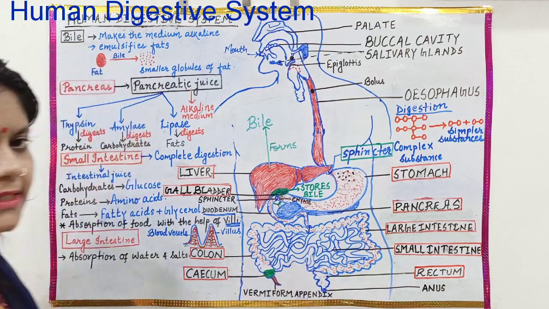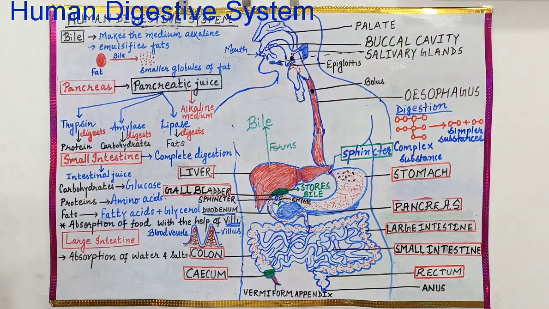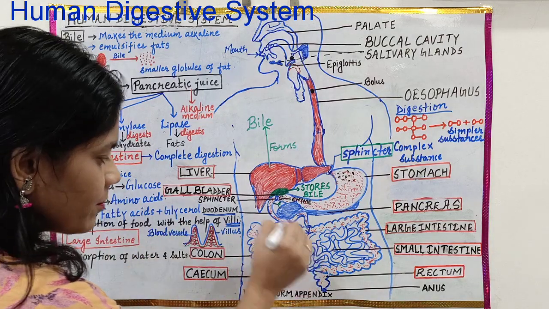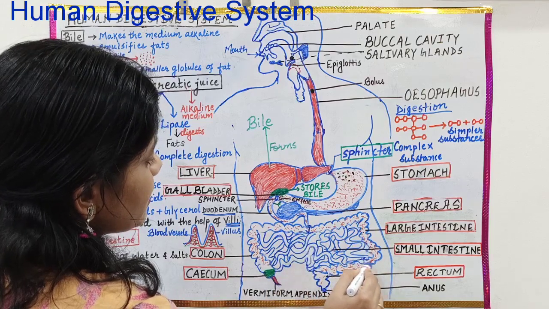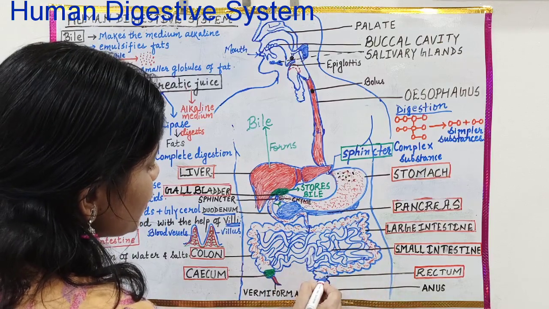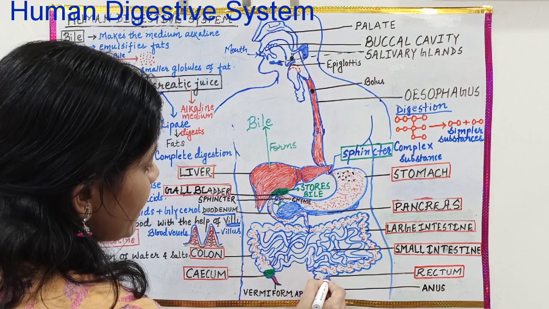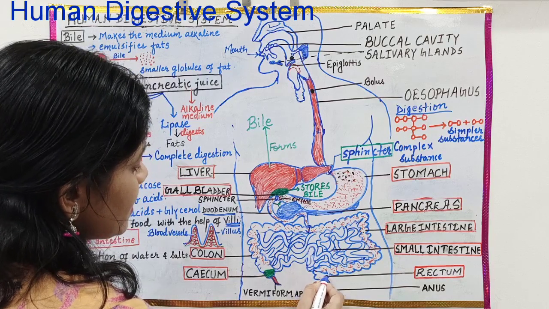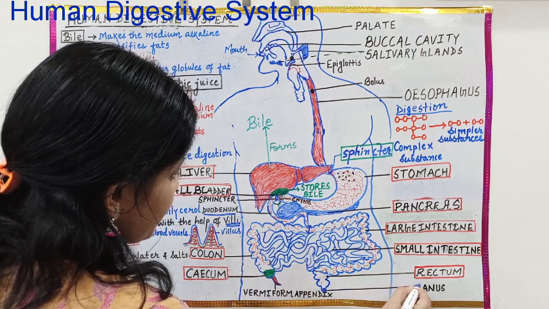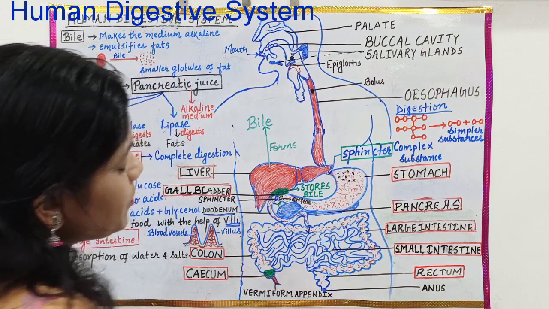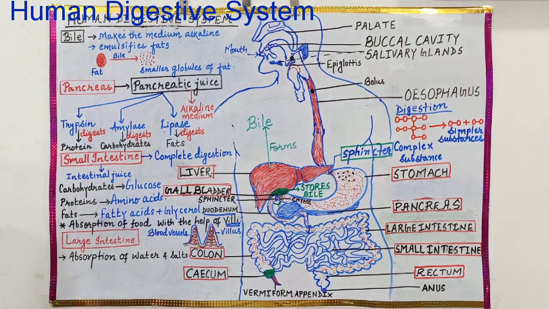The function of the large intestine is that it absorbs the necessary water and salts from the undigested food and converts it into stool. This stool is stored inside the rectum and after being stored for some time is egested out of the anus. Thus the process of digestion is completed.